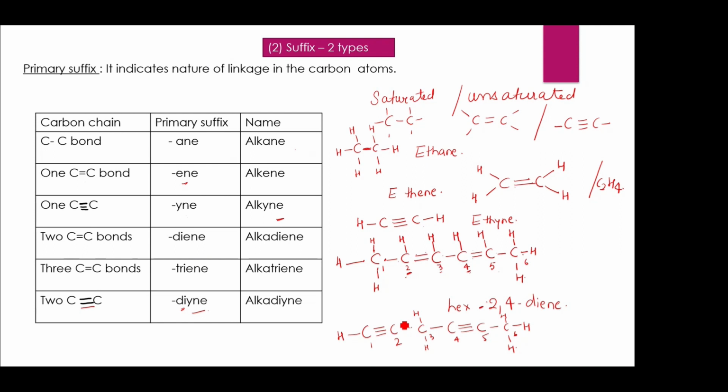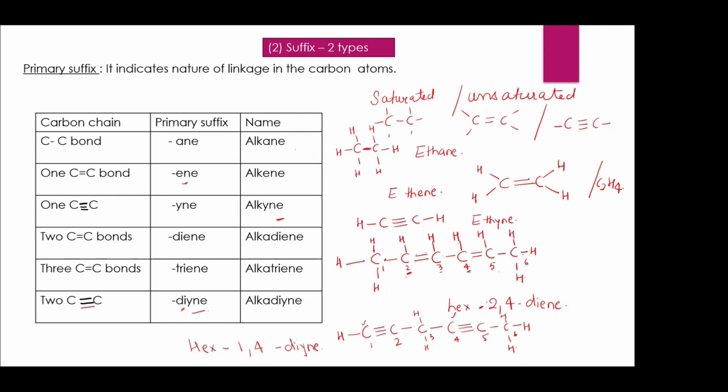So the name will be, here again the double bond is in the first carbon and in the fourth carbon. So the name of this will be hex-1,4-diene. This is how we have to name this compound by using the prefixes. If there are 2 C double bonds, then the prefix we have to use is 1,4-diene.